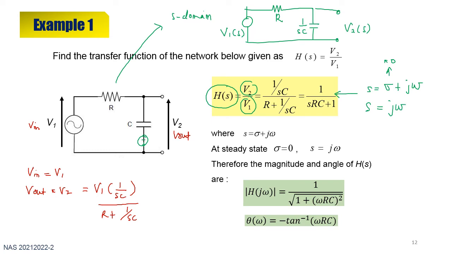Therefore, we can analyze the network or the system performance at a certain frequency by replacing the omega with the required frequency values. The magnitude of the transfer function or the filter can be calculated by calculating the magnitude of the function, while the phase can be calculated by using the inverse tangent of the component.